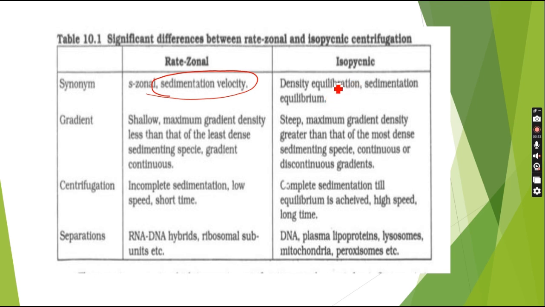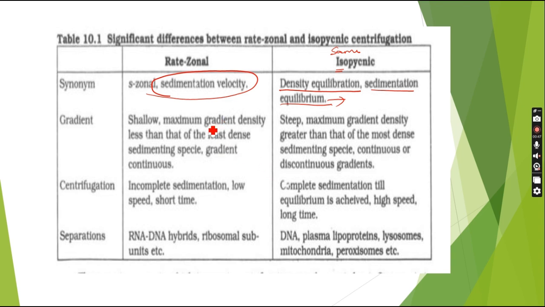But in the case of isopycnic centrifugation, as the name itself says, same density components are going to be separated. So based on the density equilibrium principle and the sedimentation equilibrium principle, it is going to be separated. That means at the same density and same sedimentation, it is going to be sedimented off.